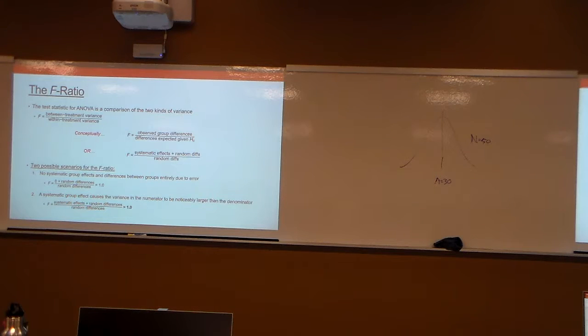If everybody in population 1 comes from a population with the same score as everybody in population 2 and population 3, the differences within a condition should be about the same as the differences across conditions, because those populations all have the same mean and the same variance.